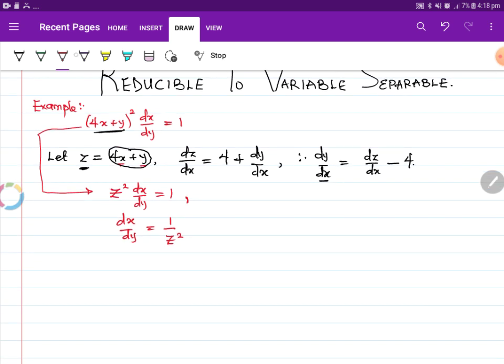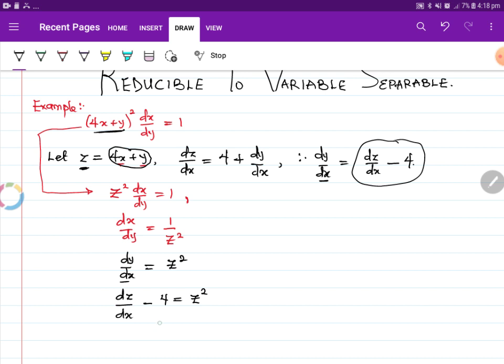Now if I'm to get dy dx, that's the reciprocal law. dy dx will be the same thing as z squared. But what is dy dx? dy dx is this. So in place of dy dx, I can just substitute by saying it's the same thing as dz dx minus 4 is equal to z squared. Now, at this point, I've changed the variables from x and y to z and x.